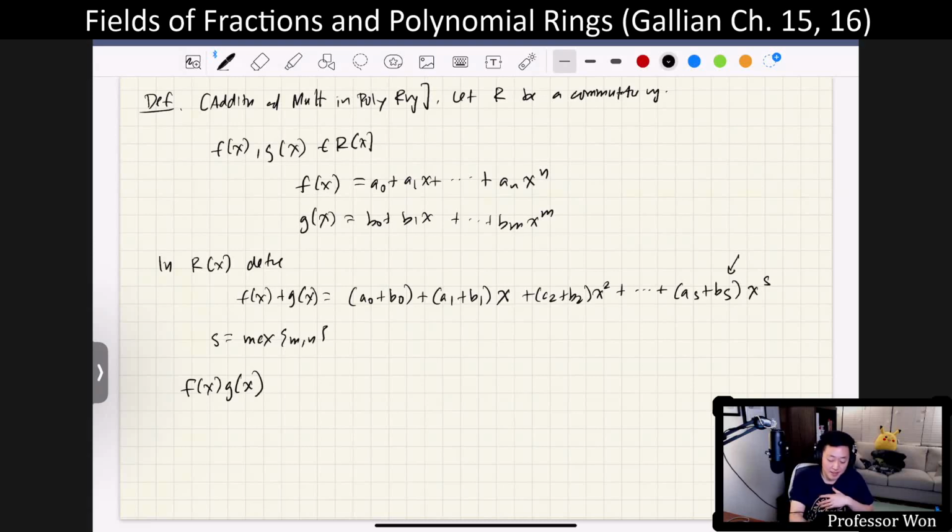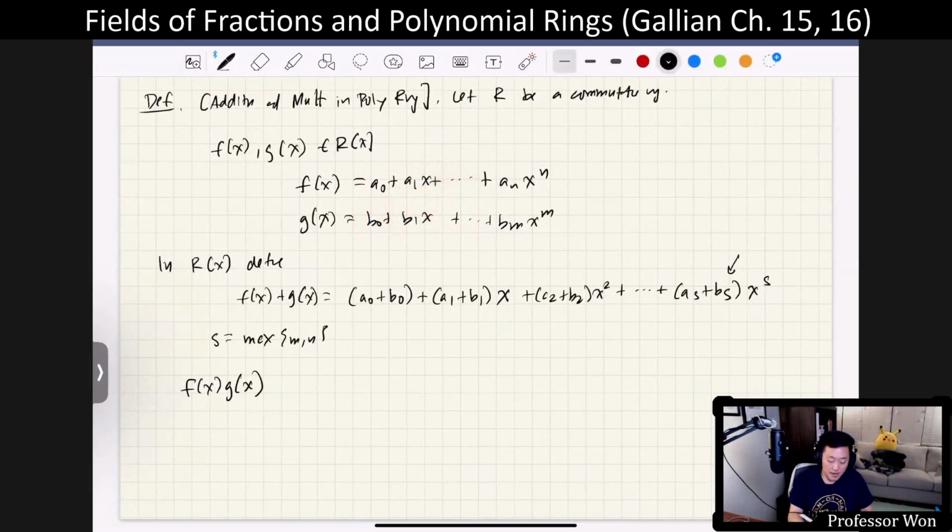There's two ways to get a degree 1 term. You can take those two and multiply them together, you can take those two and multiply them together, and we should add them up. How do you get the x squared term? Well, you take a naught times b2x squared plus a1x times b1x plus a2x squared times b naught.